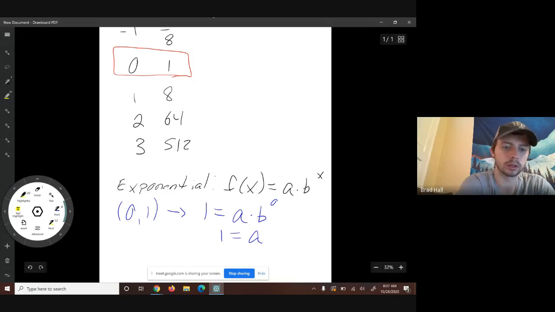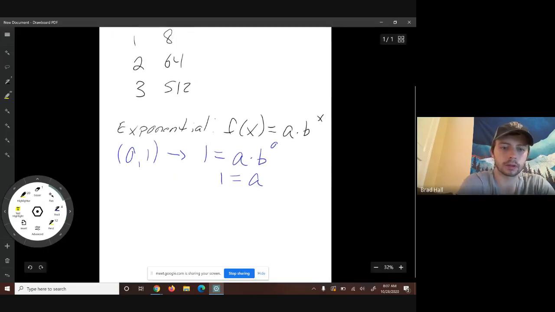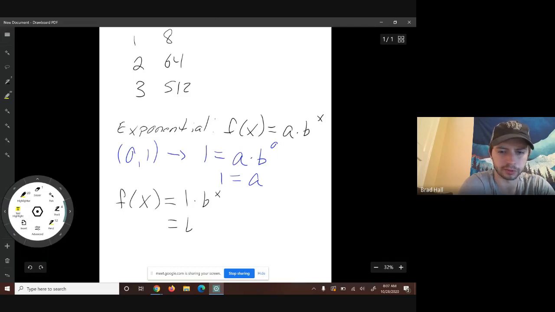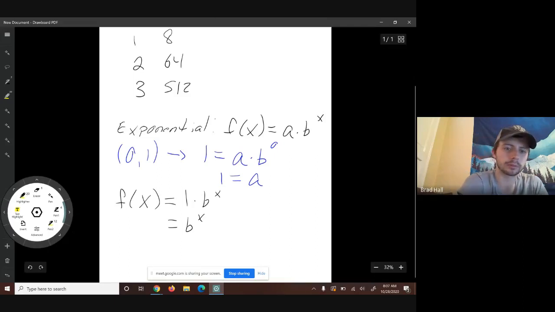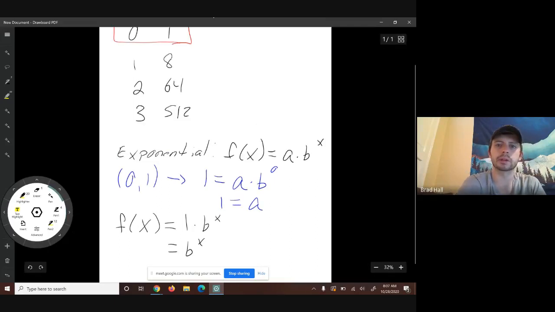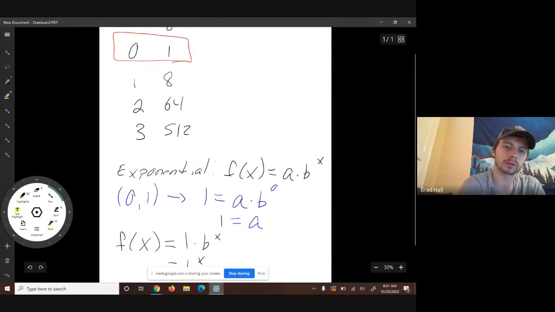So now our function is f(x) = 1 times b raised to the x, or simply b to the x, because the 1 doesn't really matter too much. And now we need to figure out what b is. That's when I'm going to pick another point.